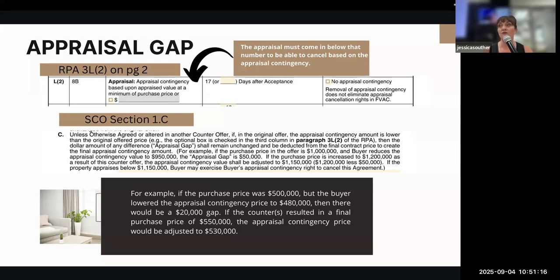Now we're countering back as the seller and we're asking for $410,000. If the buyer agrees to that, they are still agreeing to only a $5,000 appraisal gap. So the appraisal would have to come in at 405 to continue to obligate them to continue forward. If it came in less than that, it would give them the right to cancel for the appraisal contingency or to renegotiate the purchase price with the seller at that point.